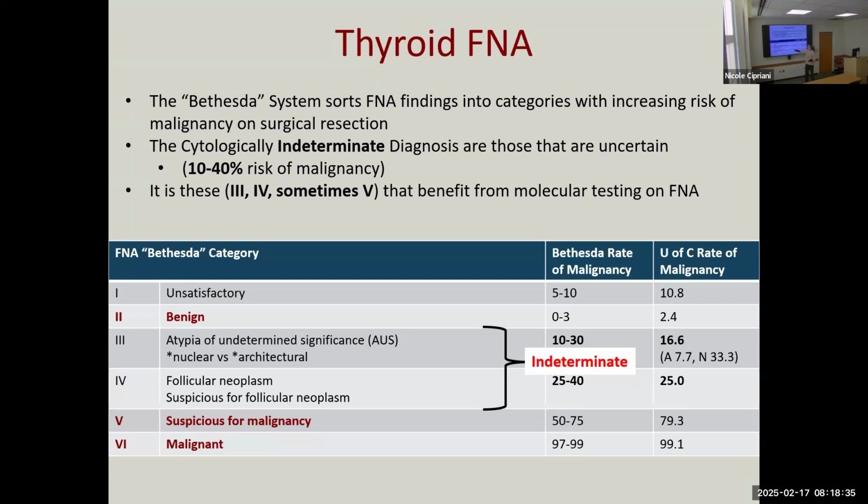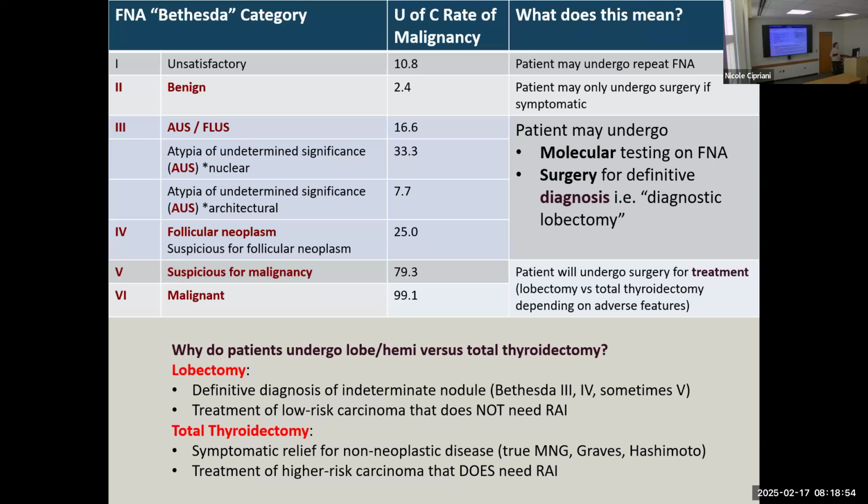We care about the 3s, the 4s, and sometimes the 5s, meaning indeterminate. Like the cytopathology team cannot definitively tell whether this is benign or malignant, and we'll show you examples of why and what this means for preoperative molecular testing. And so anyone with a Bethesda 3, 4, and sometimes 5 can opt to do molecular testing on FNA to determine if this cytologically indeterminate group can be pushed down into a cytologically benign group or pushed up into a more worrisome for cancer group.